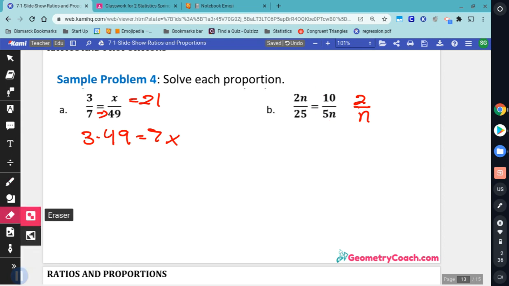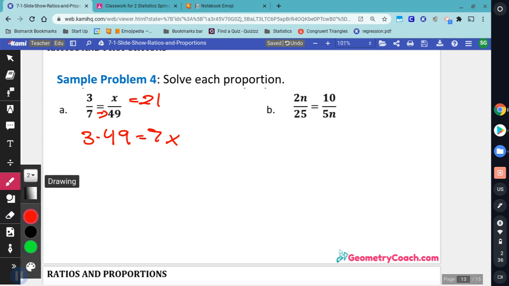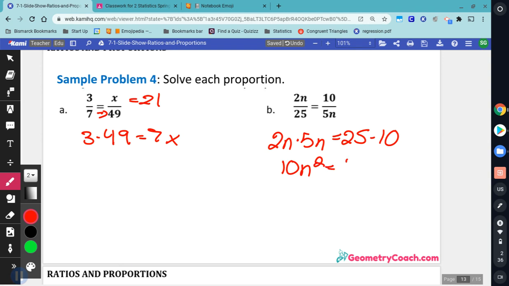So I'm going to do it the cross multiplication way. So 2n times 5n equals 25 times 10. 10n squared equals 250. Divide both sides by 10. So we get n equals 5.